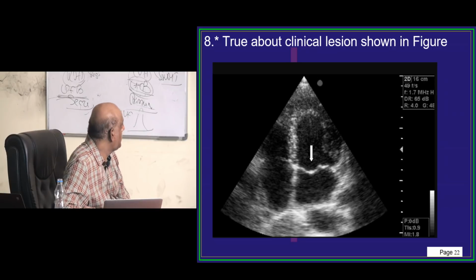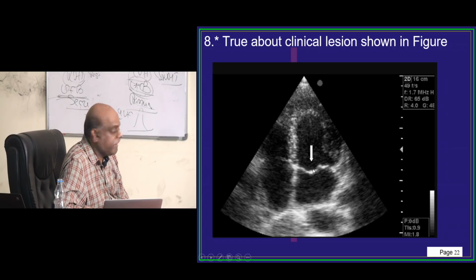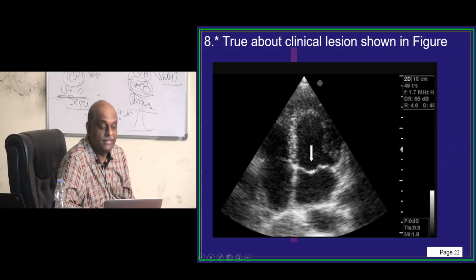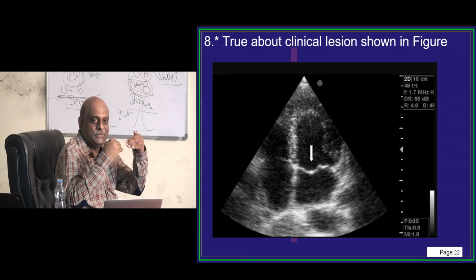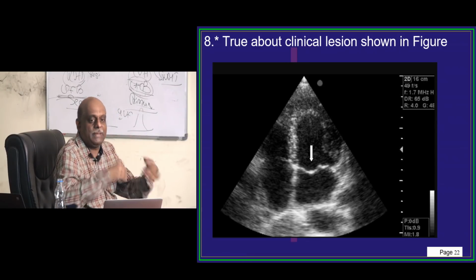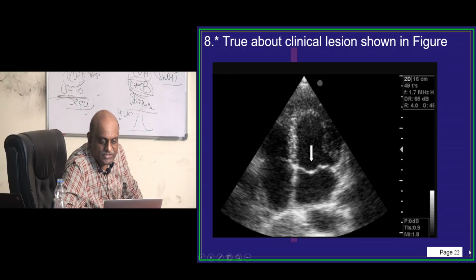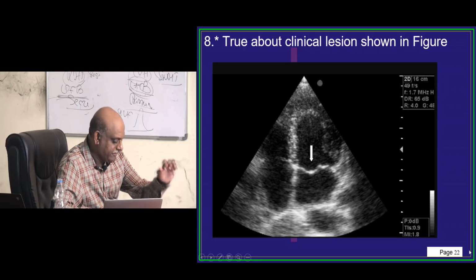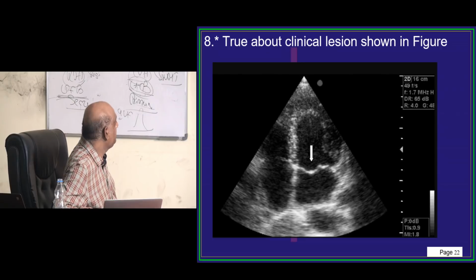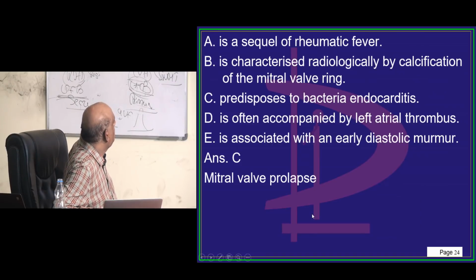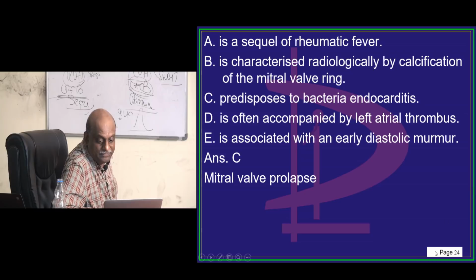Soundarya proposes left atrioventricular, it is not septum, it is the mitral valve which is trying to prolapse down. Very good. Soundarya is going to be our future cardiologist. It is a mitral valve prolapse. It can predispose to bacterial endocarditis is what you have to remember.